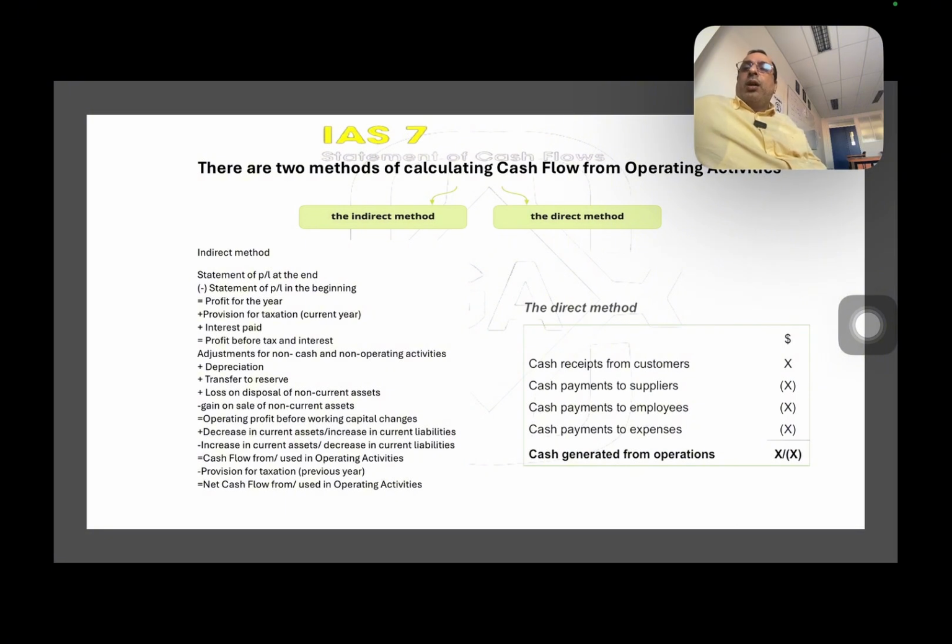We start with the first category, which is operating activities. To calculate the cash flow or cash used in operating activities, we can use one of two methods. We normally use the indirect method, but I should tell you about one more method which we do not use, but it exists. So as per IAS 7, we have two methods of calculating cash from operating activities: the direct method and the indirect method.